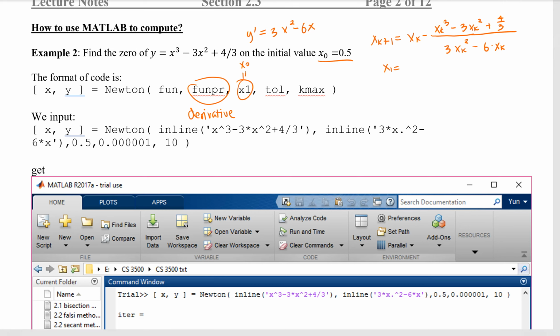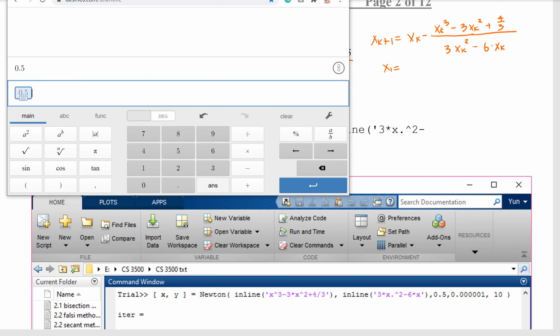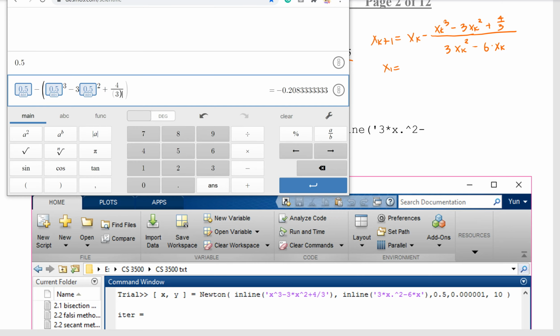So where is our calculator? Here. So clear all, and we type 0.5. That is our x0, right? And then we type in answer minus parentheses, answer cube, then go back down, minus 3 answer square and plus 4 over 3 close parentheses.